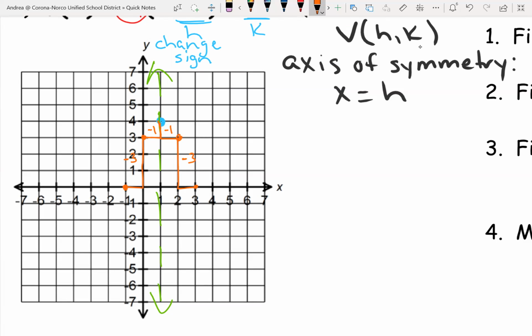The next one is going to be 5. So I'm going to move down 1, 2, 3, 4, 5, and to the right 1. Down 1, 2, 3, 4, 5, and to the left 1. So my parabola looks like this. Connect all those dots.